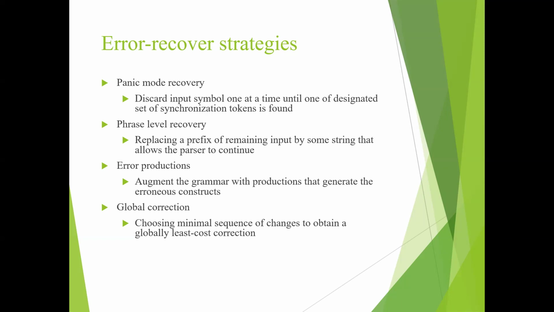The next one is error productions. With the help of error productions, we augment the grammar with productions that generate the erroneous constructs. The parser is constructed from the augmented grammar, and these error productions detect anticipated errors when an error production is used during parsing.